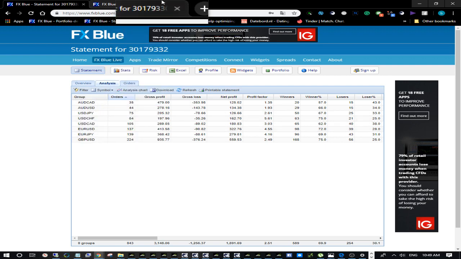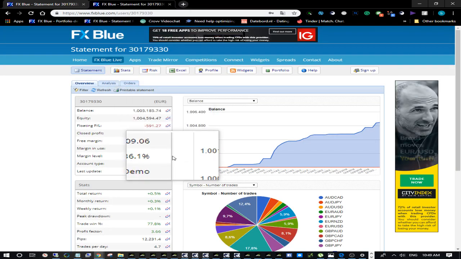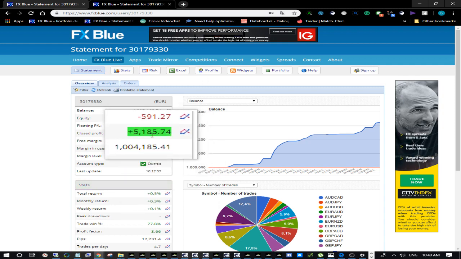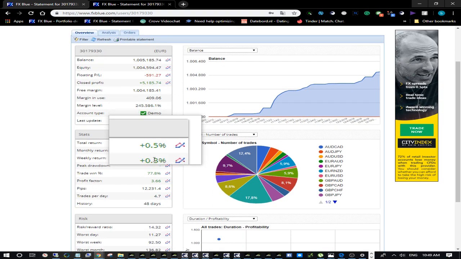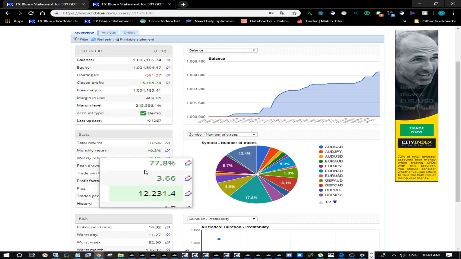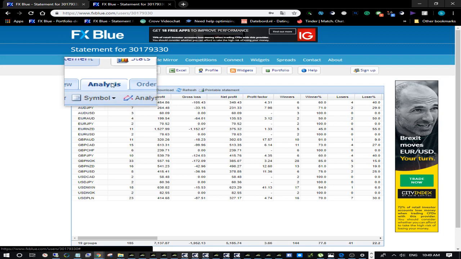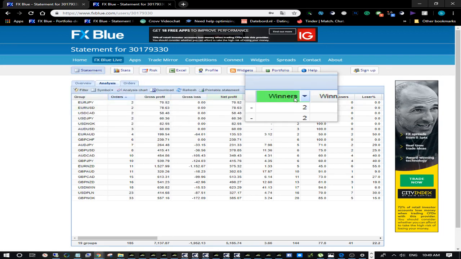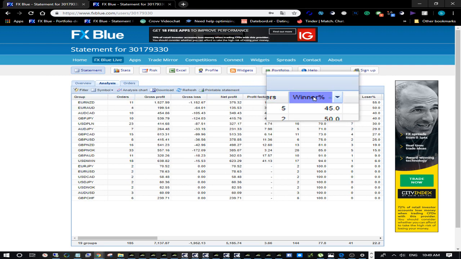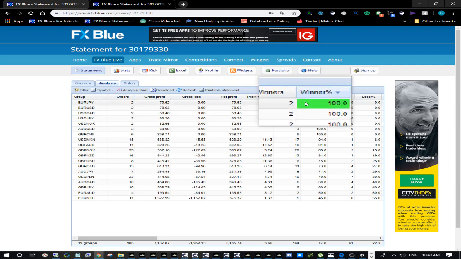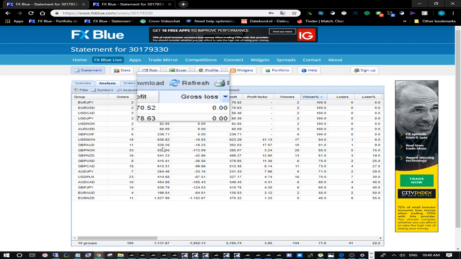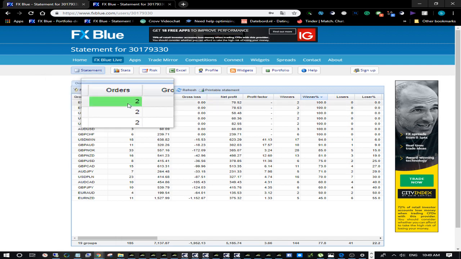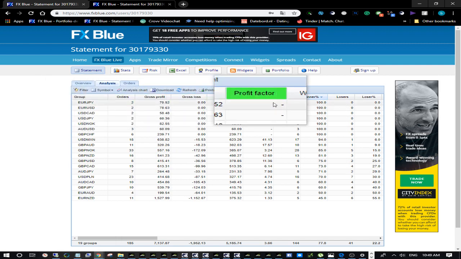Now as I go to our second account, where we made 5,185 euros in 48 days, we can clearly see what has been the best winning percentage of all these pairs. On the euro yen, we only had 2 orders, but we had 2 winners.